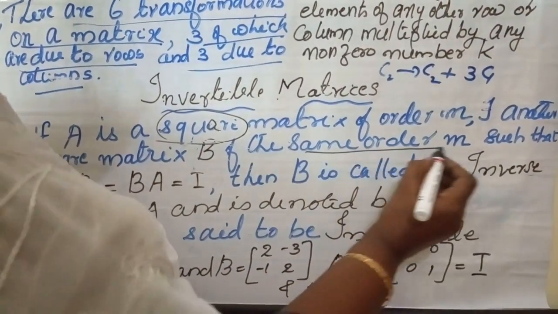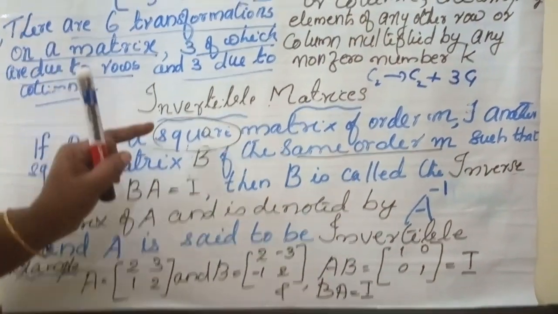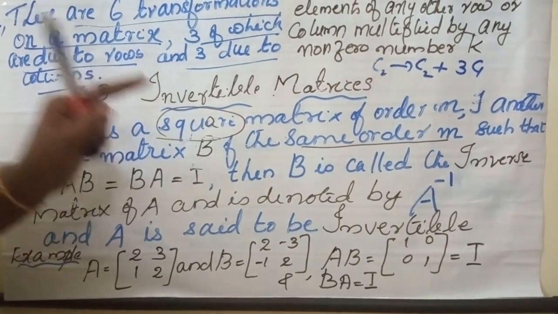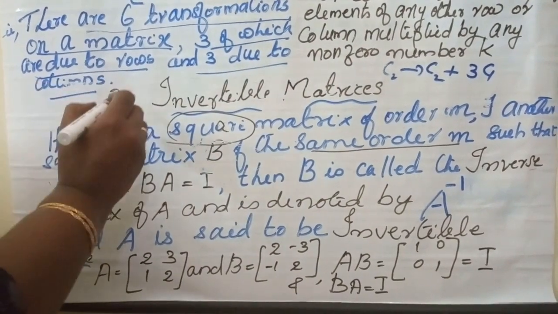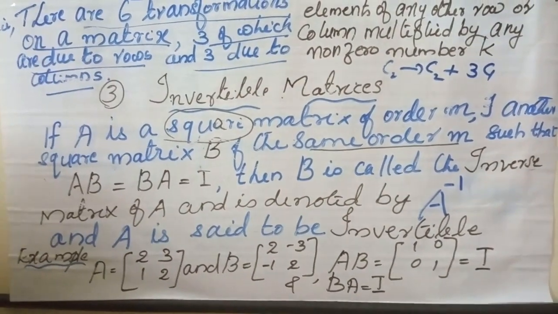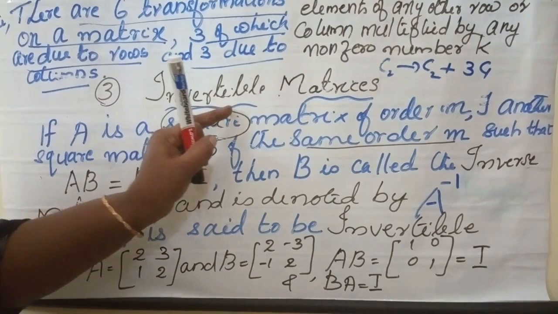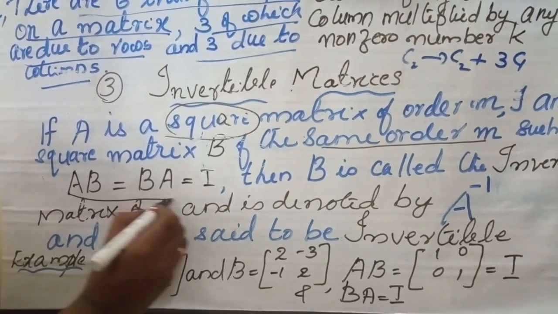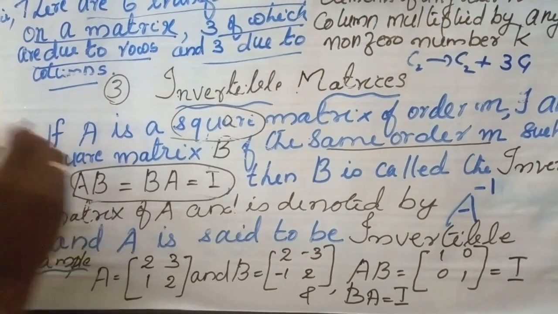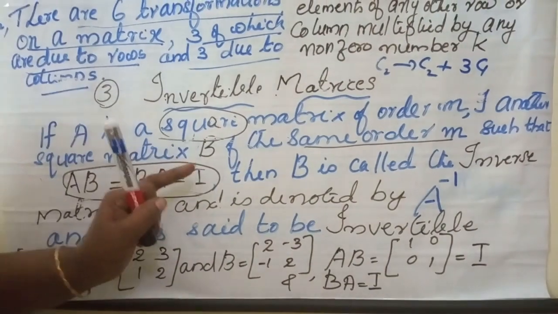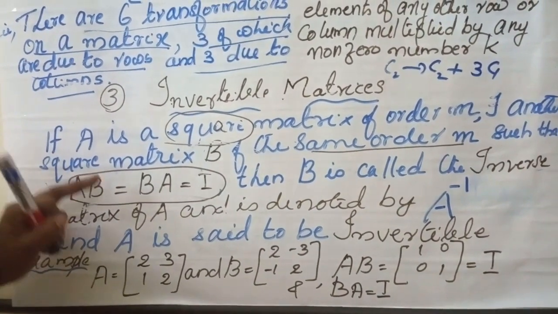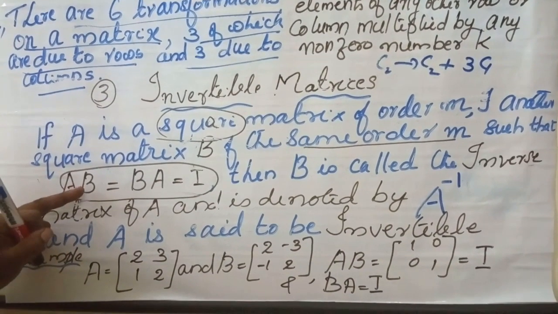Suppose we consider A is of order 3, then we consider another matrix B that is also of the same order 3, a square matrix, such that the condition is AB equal to BA equal to I. This condition must be satisfied. AB means product. You know what is the condition for multiplication of two matrices? AB.